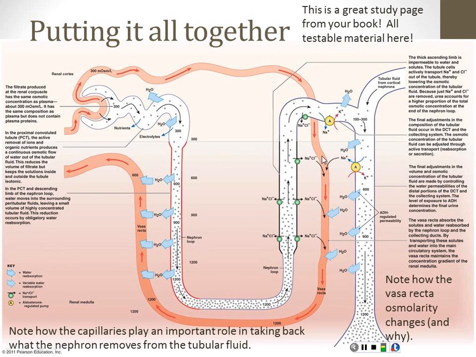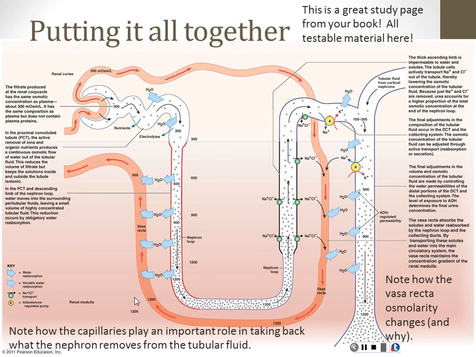Another point to look at is if you follow the blood here, it goes down, it follows the nephron loop down, and then back up. And as it does so, okay, so here's our osmolarity numbers. If you look, the blood's osmolarity is matching that. Now, typically, the osmolarity of blood is about 300. So this blood in this part of the body is 4 times as concentrated as anywhere else.